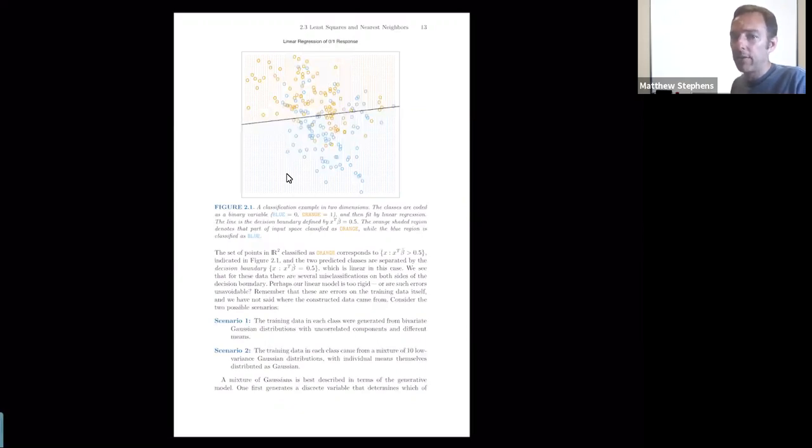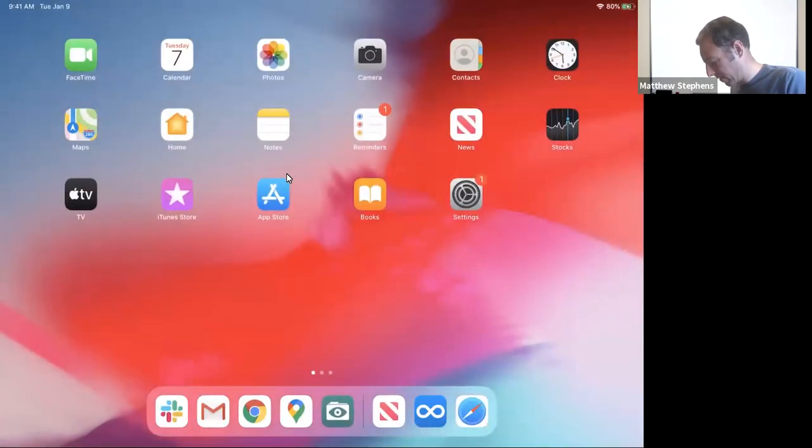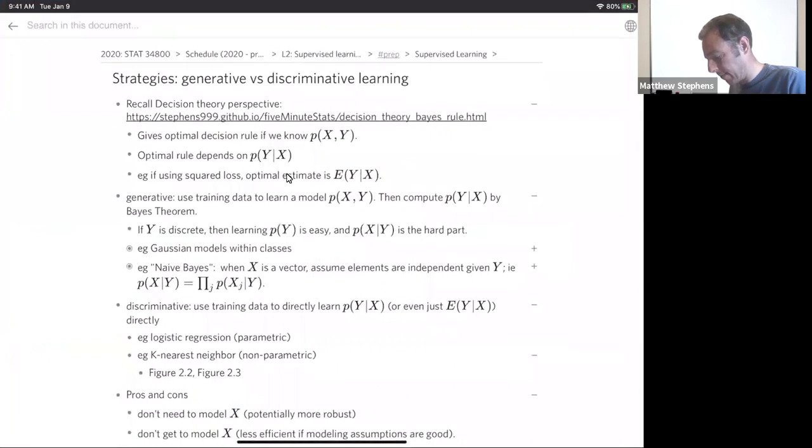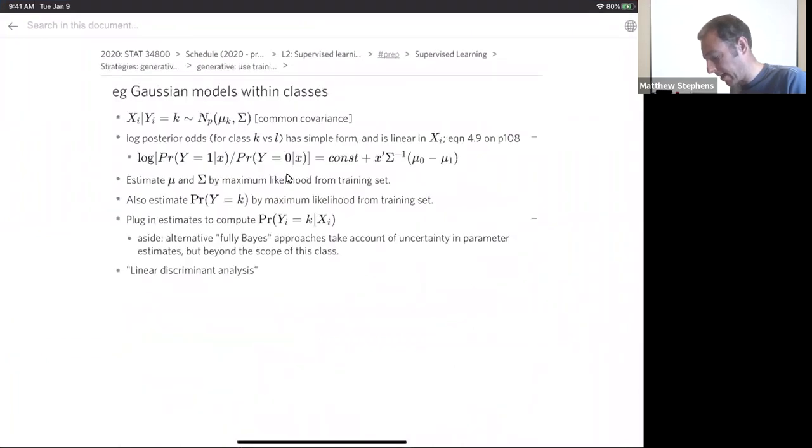As it turns out, both those approaches lead to a linear discriminant boundary. So the two Gaussians, the Gaussian models within each class, if you go through this math, this is with a common covariance at least, the decision boundary that you come up with will be linear.